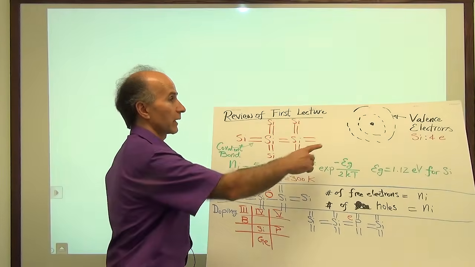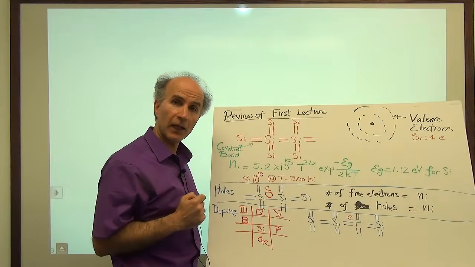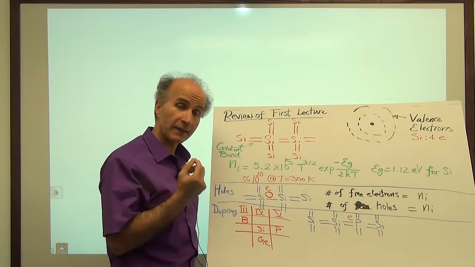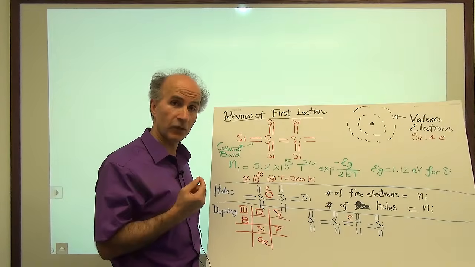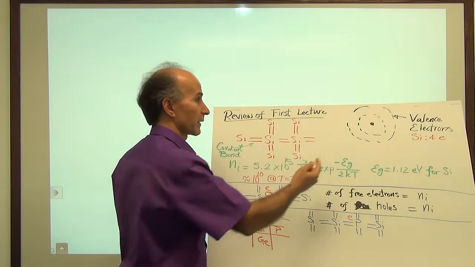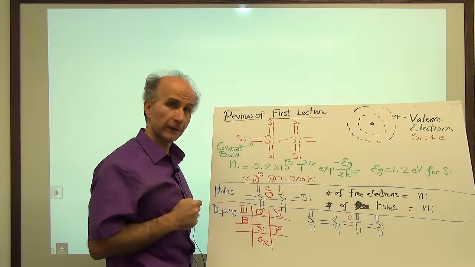We started by looking at the structure of an atom, and we said that the outermost shell contains electrons called valence electrons that might be freed if they obtain enough energy. And we saw that, for example, silicon has 4 electrons in the last orbital.